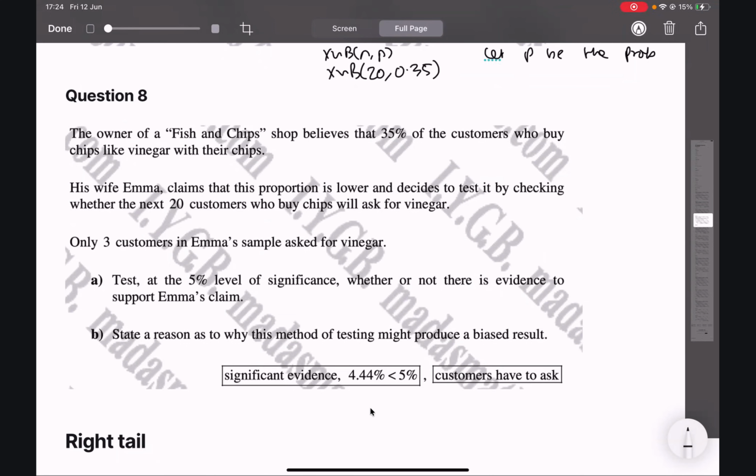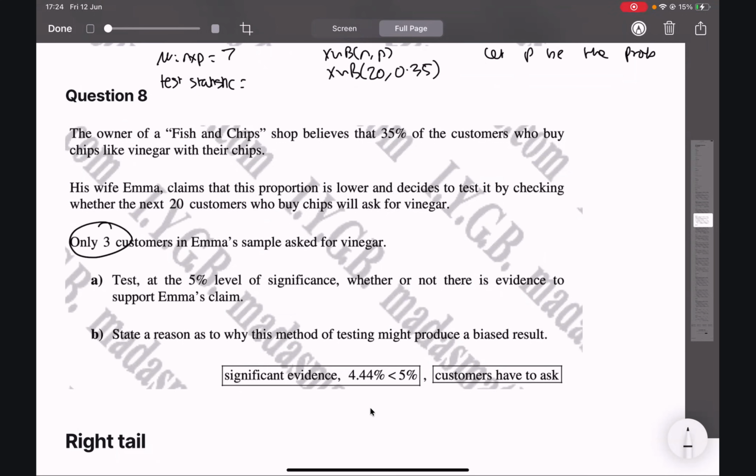No, that's the mean. Mean is NP. So what's the mean? It's 0.35 times 20. So 7. And then the test statistic? 3.